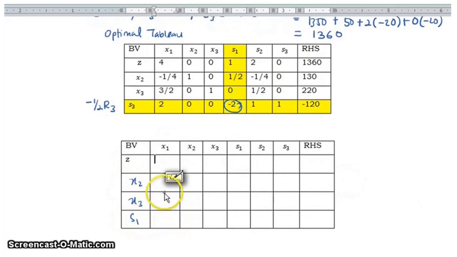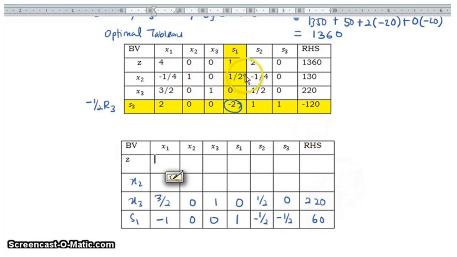Okay, we will get -1, 0, 0, 1, -1/2, -1/2, and the right hand side is 60. Since the coefficient of S1 in row 2 is already 0, we rewrite the whole row 2. Okay, we have here 3/2, 0, 1, 0, 1/2, 0, and 220.